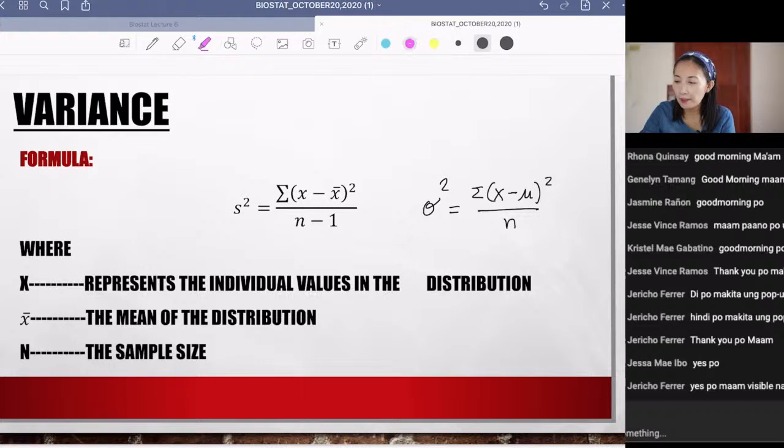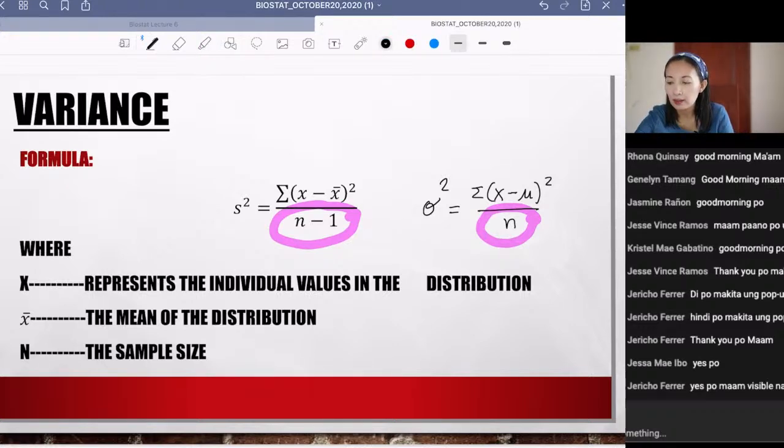When it is a sample, our denominator is n minus 1. If it is a population, our denominator is n. So please take note of that. This is for sample variance, and the second is for population.